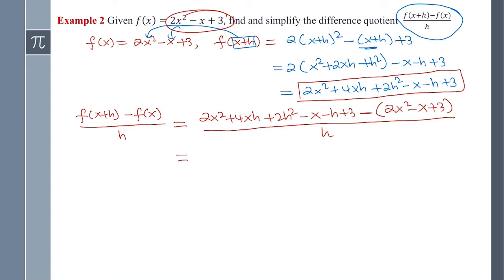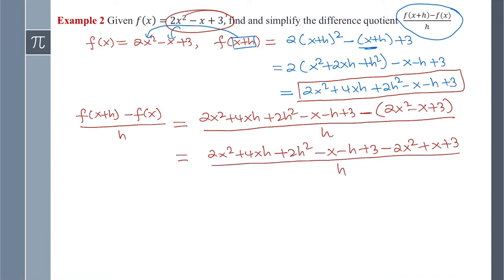So let's go ahead and simplify this. We get 2x squared plus 4xh plus 2h squared minus x minus h plus 3. Now when we distribute that negative sign, we get minus 2x squared plus x minus 3. Everything divided by h.